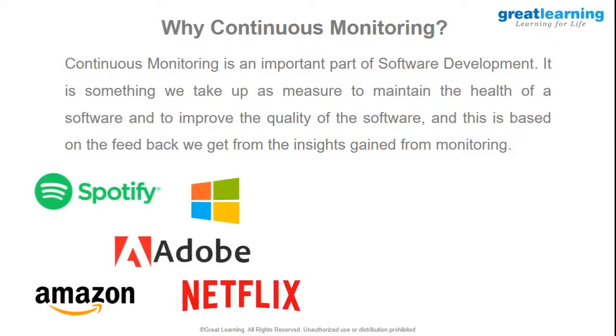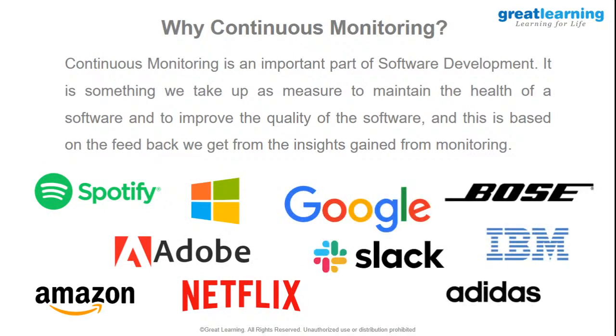You have a lot of companies like Spotify, Windows, Adobe, Amazon, Netflix, Google, Bose, Slack, IBM, Adidas. All of these companies do monitoring, and these are just a few to list. Almost every company does monitoring. It can be a very large multinational corporation, a mega corp like Google or Apple. It can even be a small startup that's just making a product for their own locality.